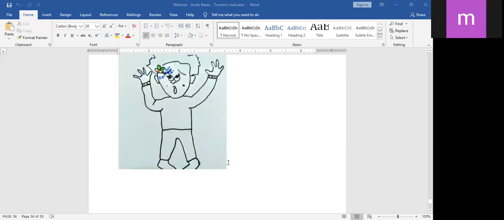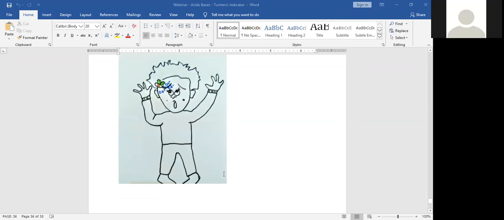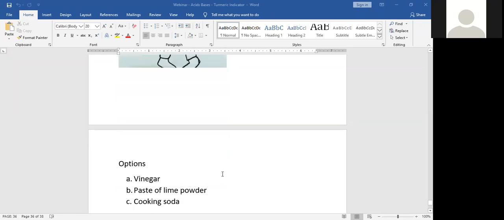No, people are saying vinegar. Riya and Gautam have said option B. And option B is what? Paste of lime powder. Maybe you can just clarify that, Lakshmi. Rest all the people have said A.